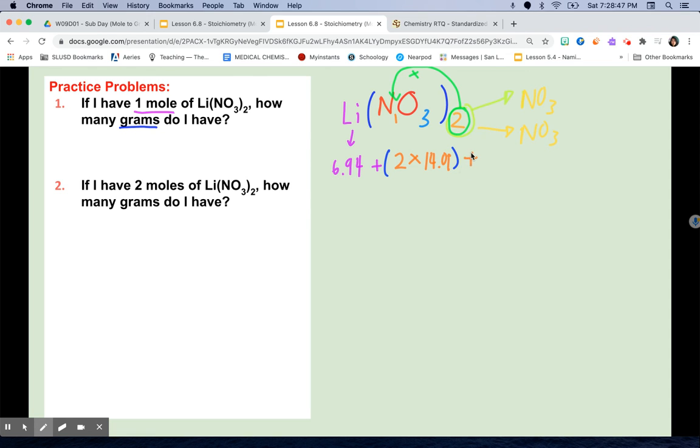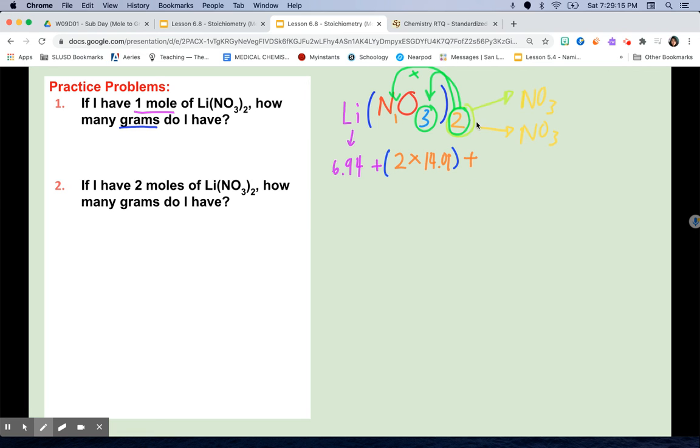And we're going to add that with however many O's we have. Notice the 2 on the outside. I'm going to multiply it by how many O's I have. Within the parentheses, I have 3 O's. But again, the 2 means I have 2 sets of these O3s. So 2 times 3 is going to be 6.